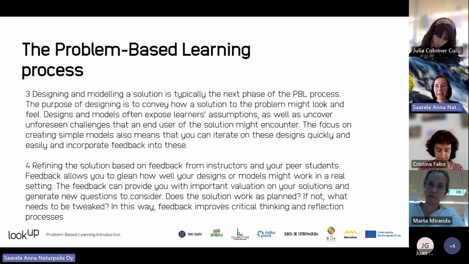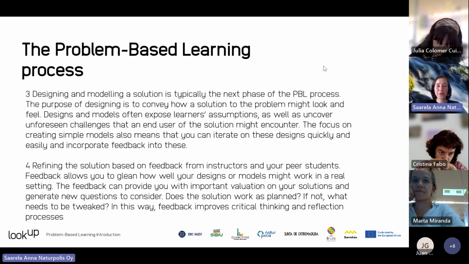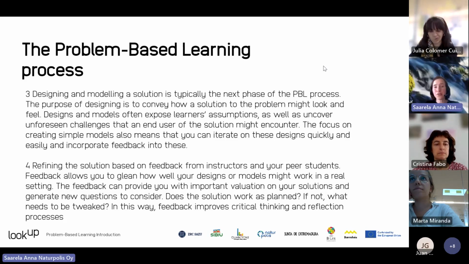Once you have made some kind of solution or a model or a business plan or whatever it will be, the next phase is refining the solution based on feedback from your instructors and also your peer students. This feedback allows you to see how well your design or models work in the real world, but it also gives you some important information on the evaluation of your solution.